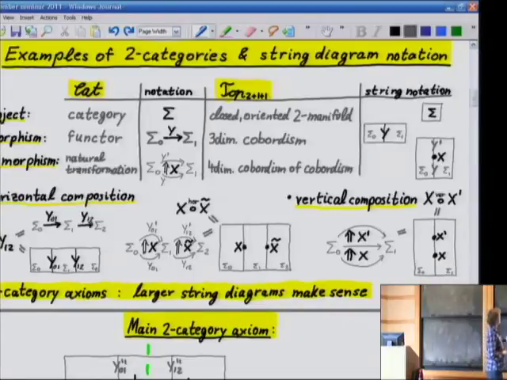That means I need to tell you what the objects are, what the morphisms are, what the 2 morphisms are, and I need to make sense of these 3 kinds of pictures, or general kinds of pictures with patches and lines between them and these punctures.